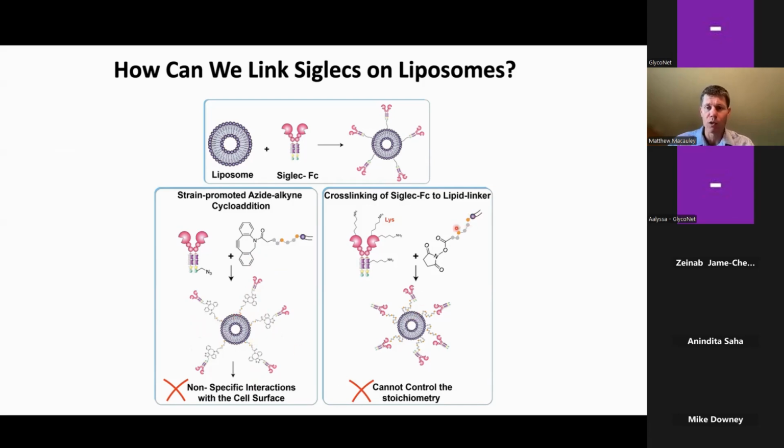We could go to random linking through lysines, but we thought that wouldn't be very reproducible or elegant, and we wouldn't be able to control stoichiometry with the lipid.